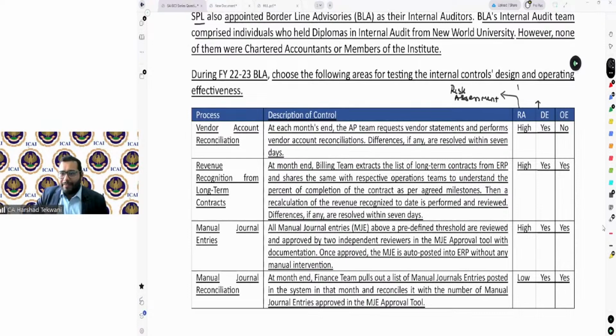DE stands for design effectiveness, and OE stands for operating effectiveness. Now they performed the testing and concluded whether effective in design or not, whether operating effectively or not, for these 4 areas: vendor account reconciliation, revenue recognition from long-term contracts, manual journal entries, and manual journal reconciliation.